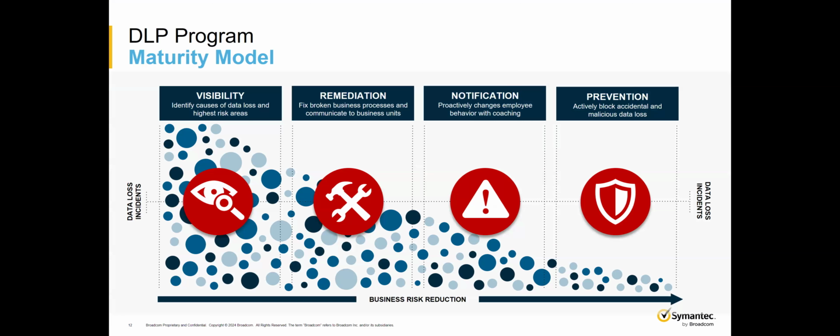I won't dwell on this slide too much, but those in DLP will know this DLP 4-phase maturity model quite well. With phase 1, visibility, you would focus on tuning policies, understanding the causes of incidents, discovering broken business processes, identifying data and files that should be moved from their exposed locations, defining and validating the remediation, reporting, and then communicating procedures you plan to use.